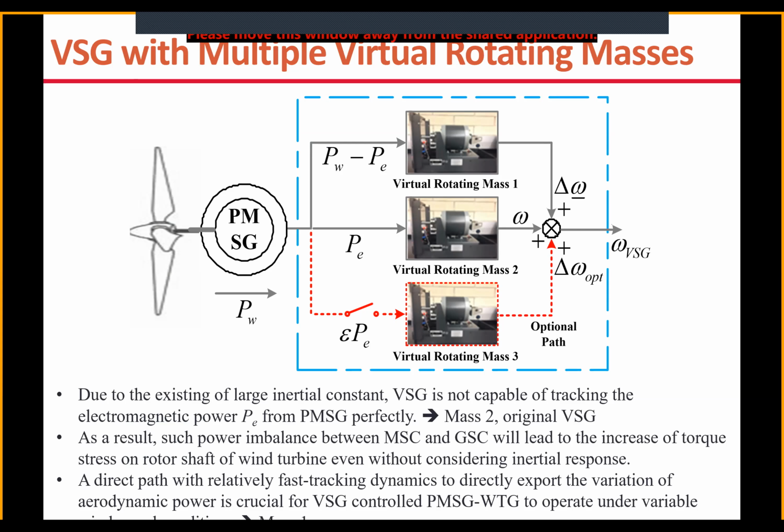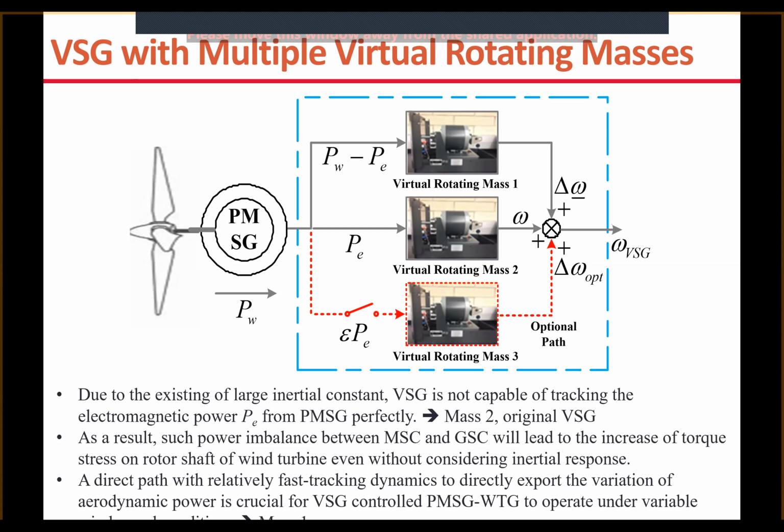So we have a direct path with relatively fast tracking dynamics to directly export the variation of aerodynamic power. That's what we introduced additionally.